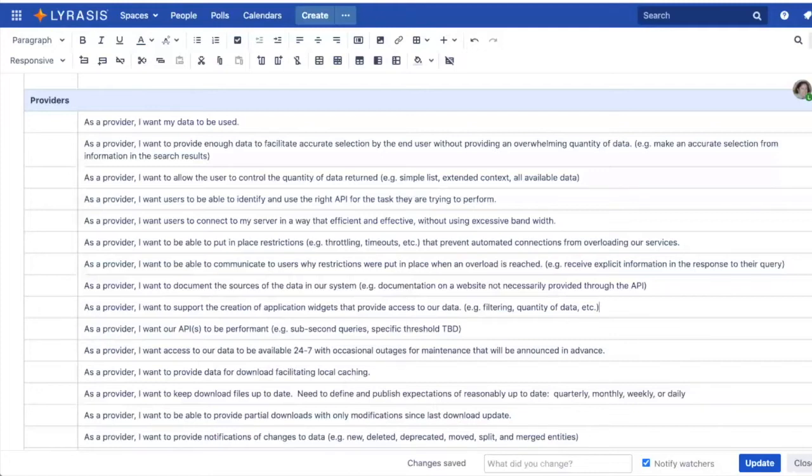Lynette, can I ask a question here? Sure. As a non-provider, are you thinking of things like creating a reconciliation service for OpenRefine as falling into the category of an application widget for the purpose of this user story?